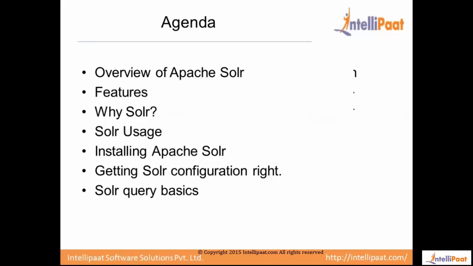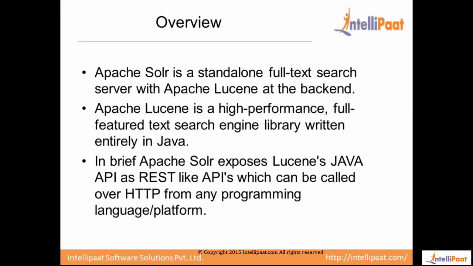Now starting with Apache Solr. So the overview is what Apache Solr is. In the current situation, the data available on any website, data available with any company has increased from megabytes to gigabytes to terabytes.